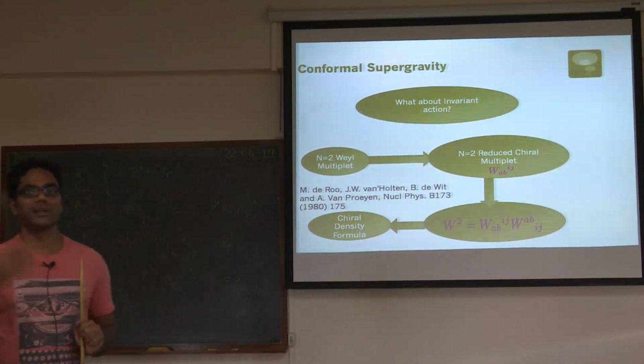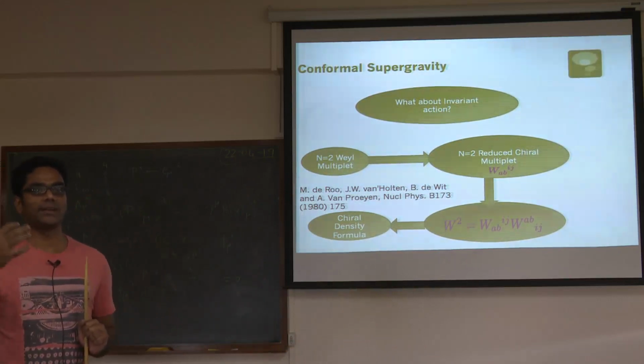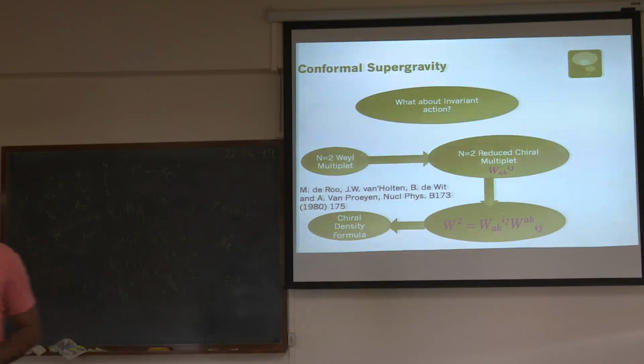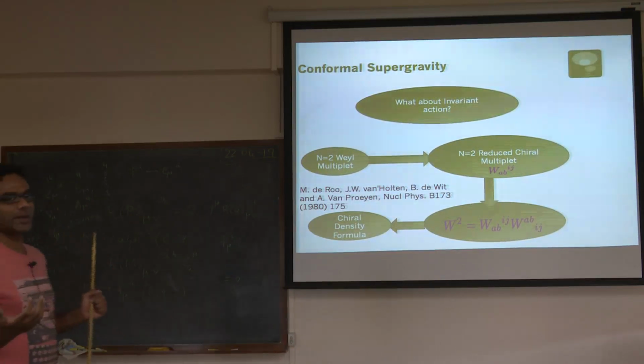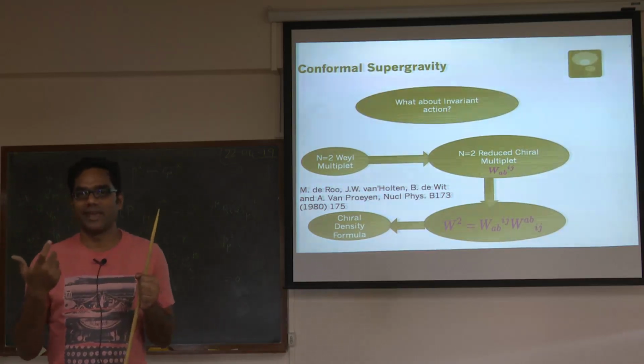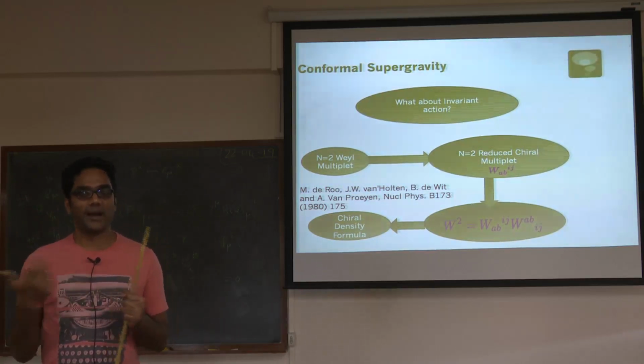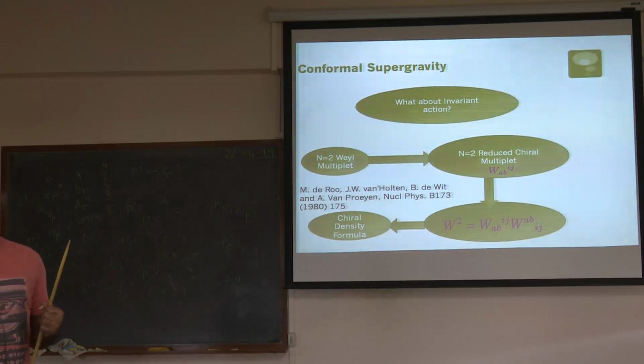A reduced chiral multiplet is different from the chiral multiplet in the sense that it obeys certain constraints. A generic chiral multiplet will have some F minus ab, for example, which is unconstrained. For a reduced chiral multiplet, this F minus ab will satisfy some Bianchi identity.